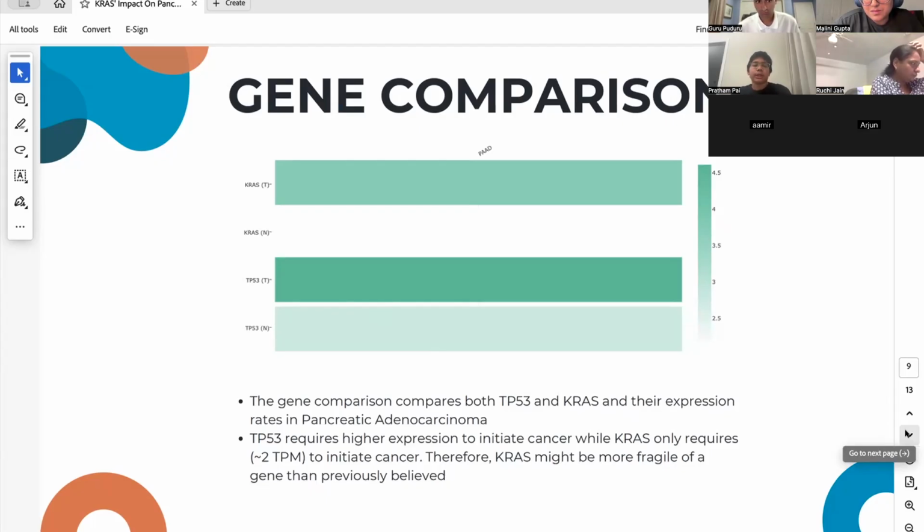But when we look at KRAS, only 3 TPM is required to cause a cancer. So that develops what I thought of KRAS in the beginning as a fragile gene, one that can be influenced by environmental changes or hereditary mutations very easily.